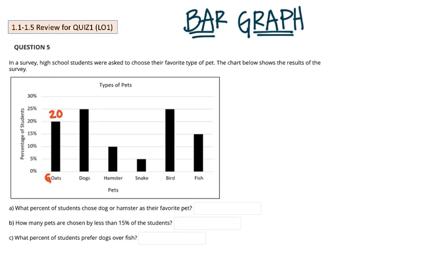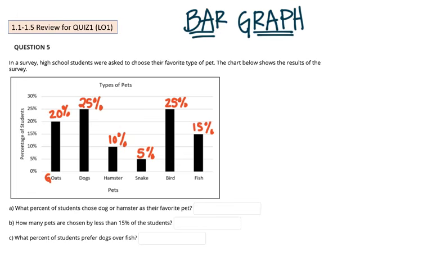Looks like 20% of the people preferred goats, 25% dogs, 10% hamsters, 5% is snakes, another 25% is bird, and 15% is fish. Does this add up to 100%? 45, 50, 60, 85. Yep, 100%.